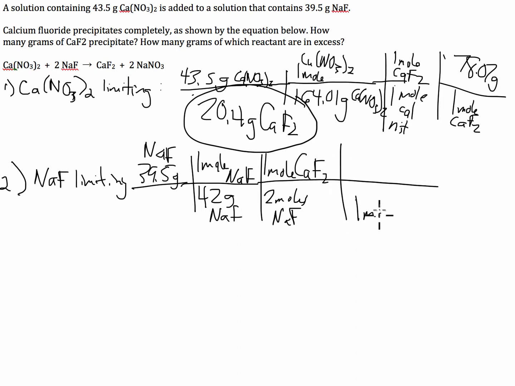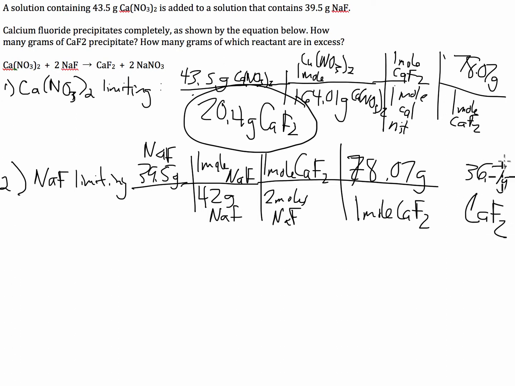And then we say 1 mole of calcium fluoride has a mass of 78.07 grams. If I take a moment to work this out, in this case, I get 36.7 grams of calcium fluoride.